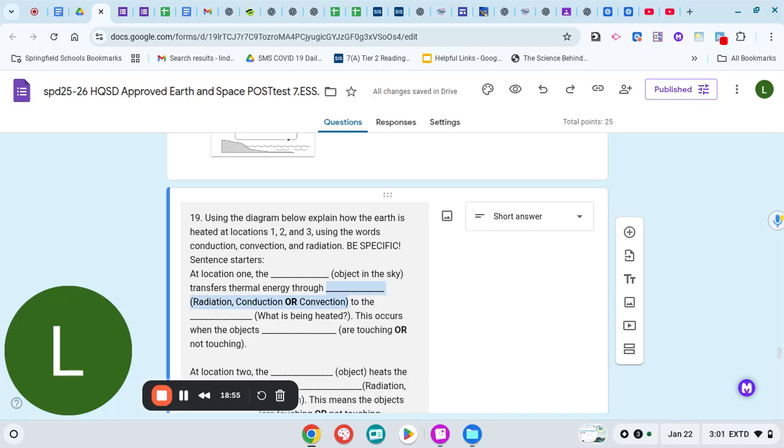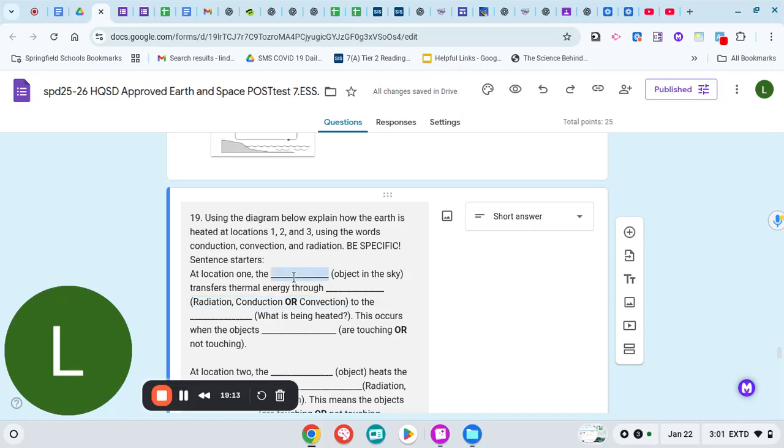So it should say, at location 1, the sun transfers thermal energy through radiation, or conduction, or convection to the blank.